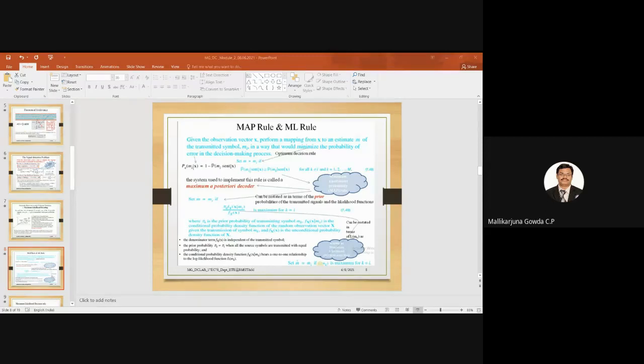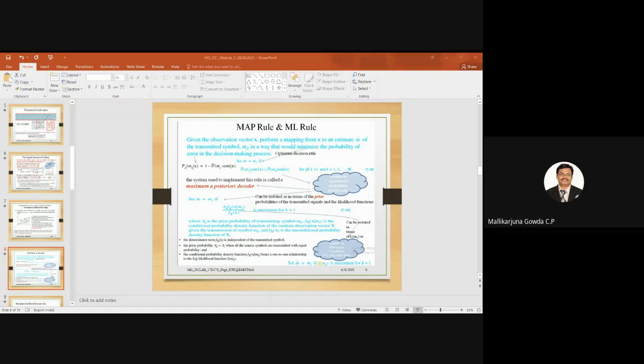How do I define the probability of error? This is the definition. I denote it as p suffix e, where mi is the symbol transmitted. mi is sent and x is received, I read it like this.